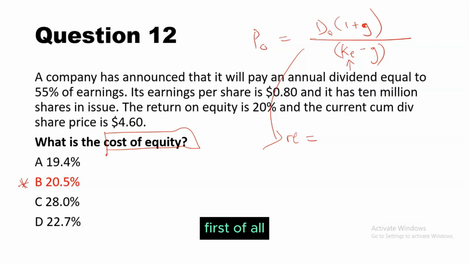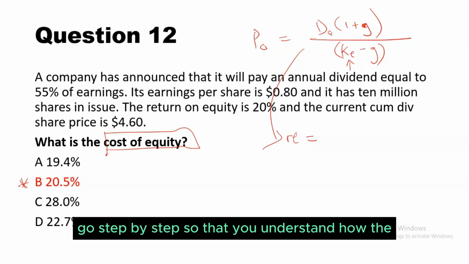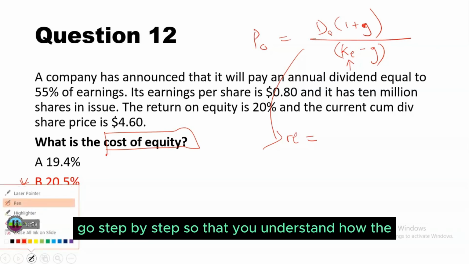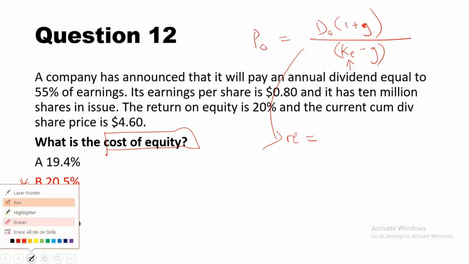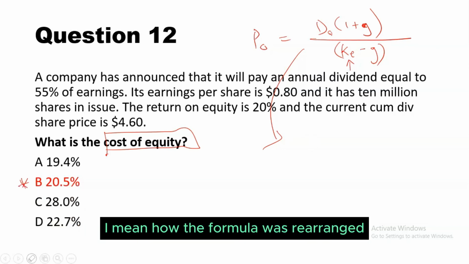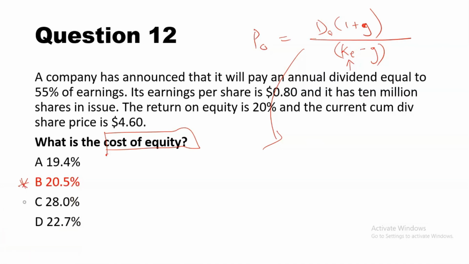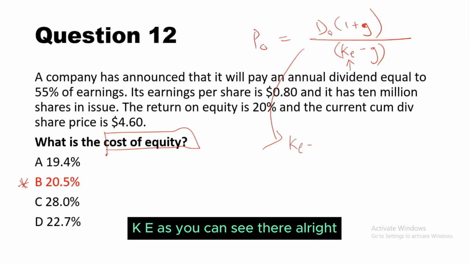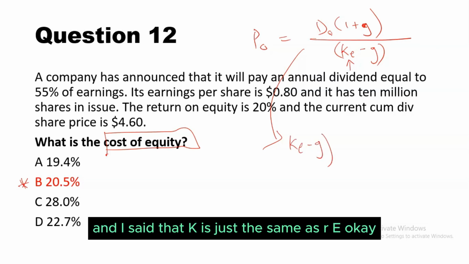Let us go step by step so that you understand how the formula was rearranged. Ke is just the same as Re.